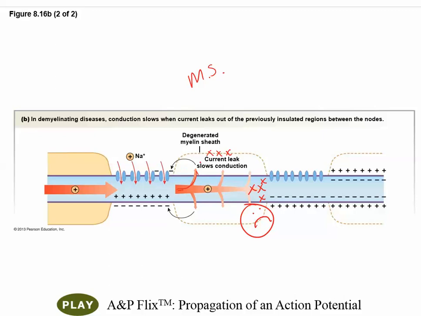So that's why demyelinating diseases are so bad, because at best it slows it down. At worst, it stops transmission completely, and then this neuron could actually die after no longer receiving signals.